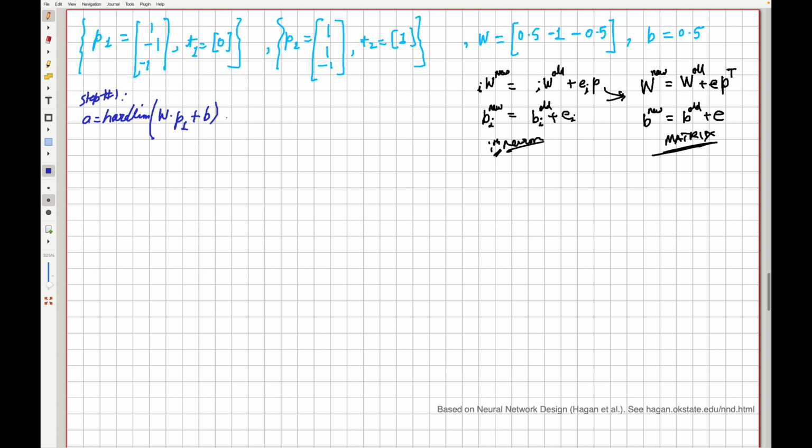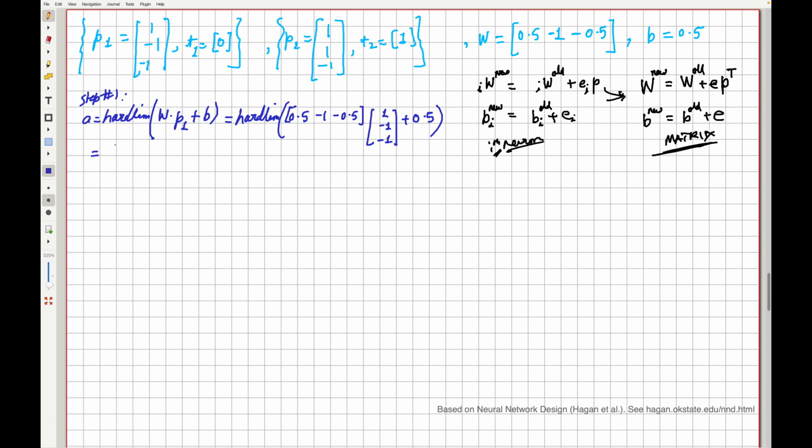That is equal to hardlim of the W matrix, which is 3D this time, so we have three values: 0.5, minus 1, minus 0.5, and then for P1 we have 1, minus 1, minus 1, and then we add the bias, which is 0.5.